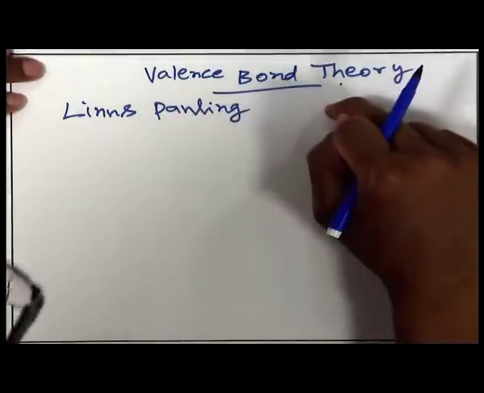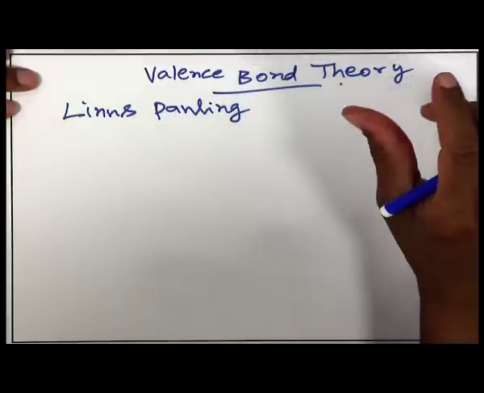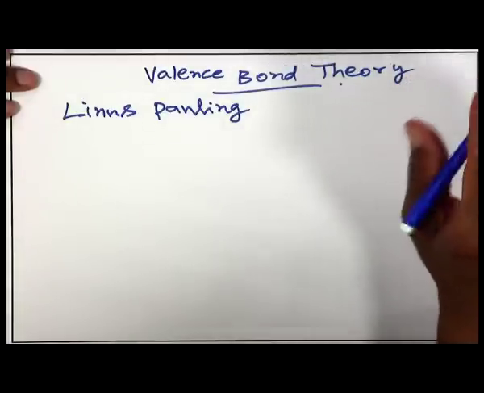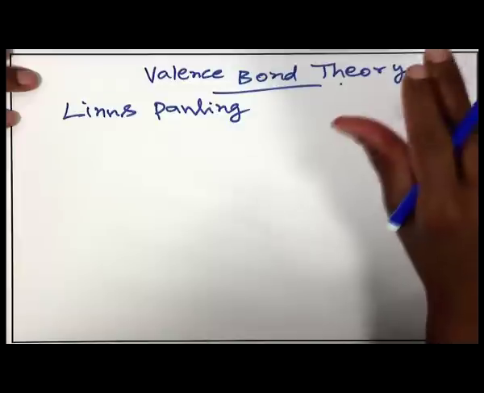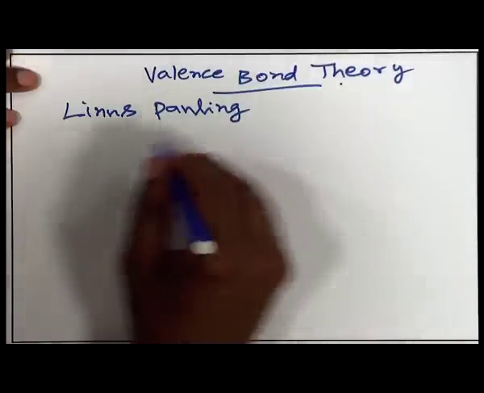So, this theory basically requires overlap of the orbitals. You have studied that each atom has orbitals which contain some electrons. So, the basic idea behind this valence bond theory is the sharing of electrons.